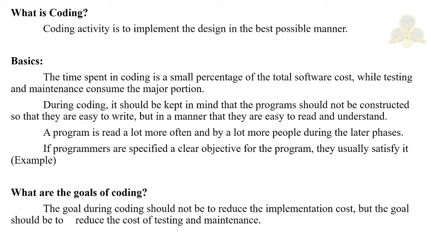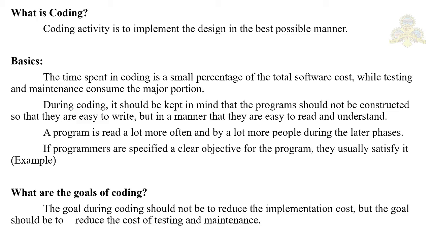In that experiment, five different teams were identified and they were given the same problem for which they had to develop programs. But these five teams were given a different objective. One team was given the objective to minimize the time required to complete the program.